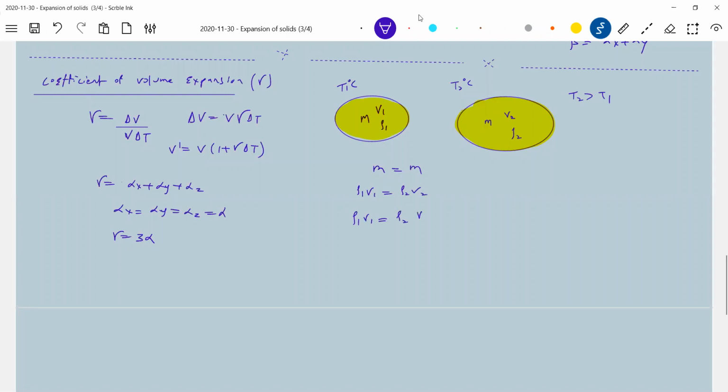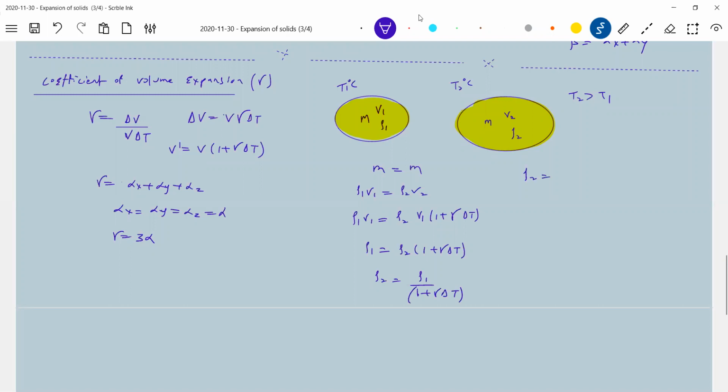Now what is V2? You can write it as V1 into 1 plus gamma delta T. Therefore rho 1 equals rho 2 into 1 plus gamma delta T, or rho 2 equals rho 1 divided by 1 plus gamma delta T. What do you expect? The density of the substance will decrease, no?